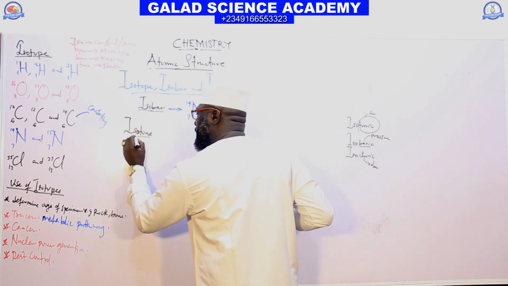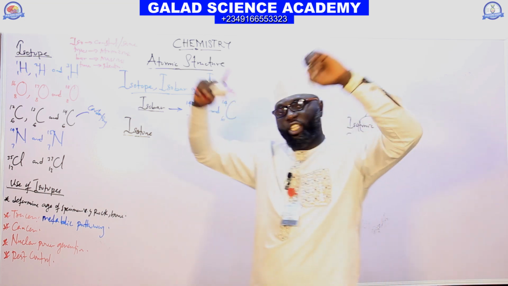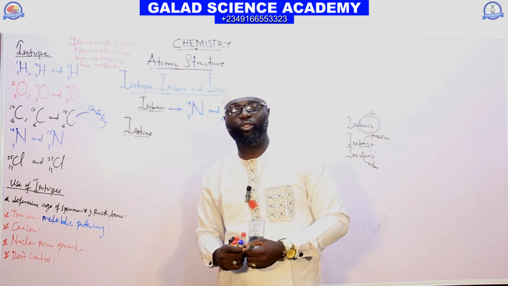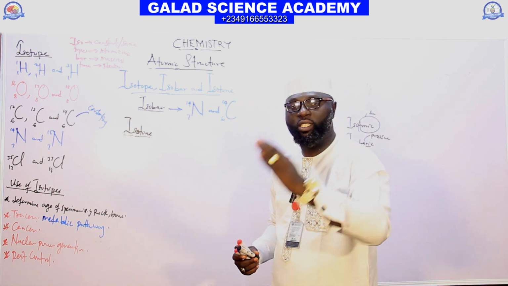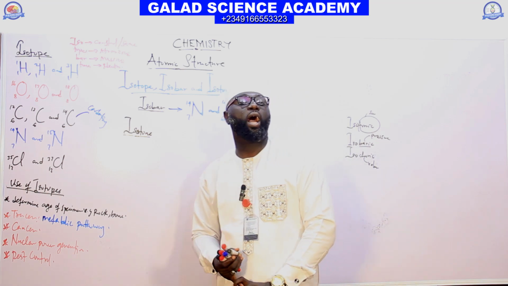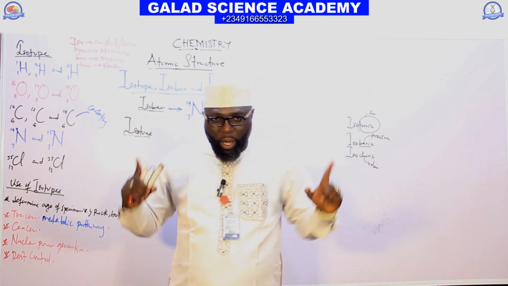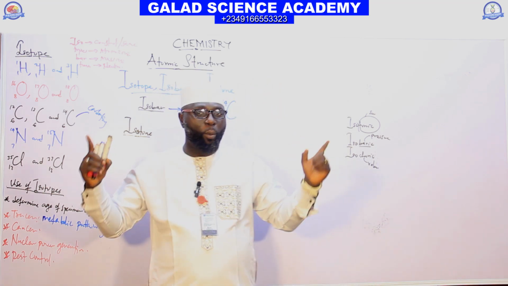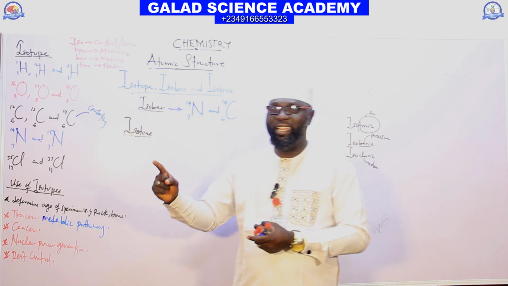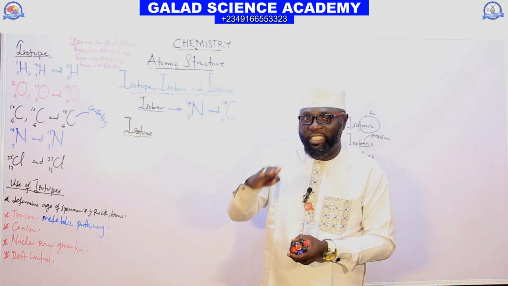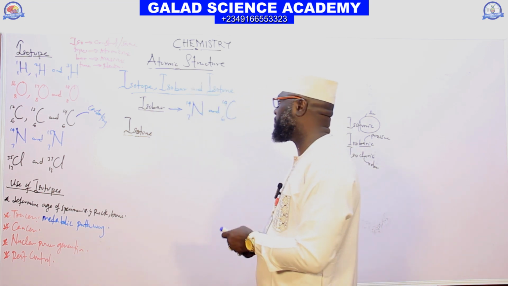So isotone is a phenomenon that occurs between two or more atoms of different elements that have the same number of neutrons but different atomic number and mass number.